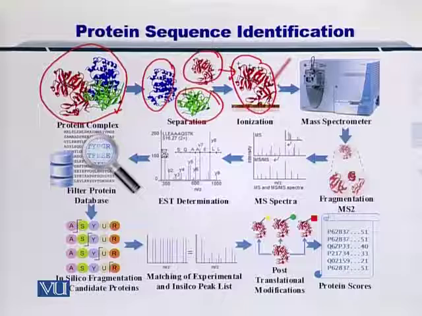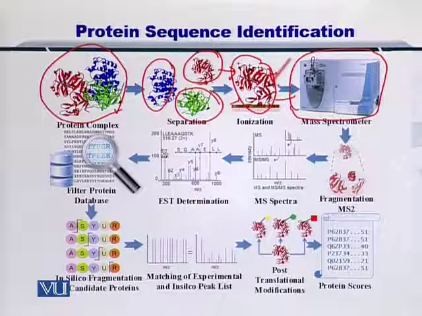You have to charge this protein in order for it to move within the magnetic field. For that, you need to impart a positive or a negative charge on the protein, as shown here, and then inject it into the mass spectrometer, which is shown here.